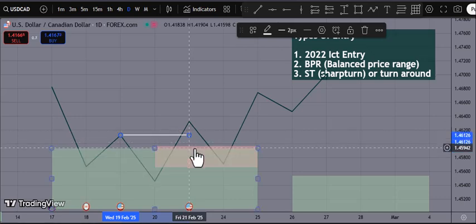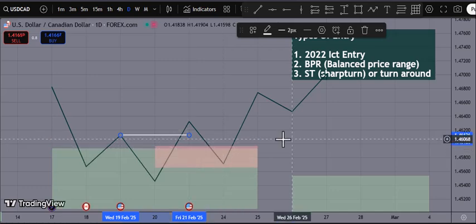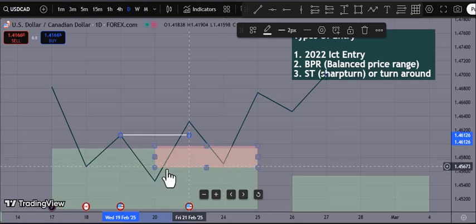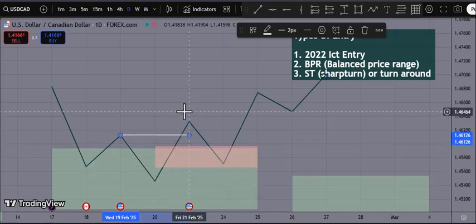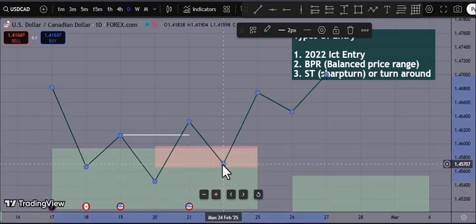Now in the previous lessons, especially the ones I did towards the end of last year, I talked about this entry a whole lot, but presently I don't really use this entry like I used to before, because most times when price displaces towards the upside, price might not give you the opportunity to come back all the way down here.